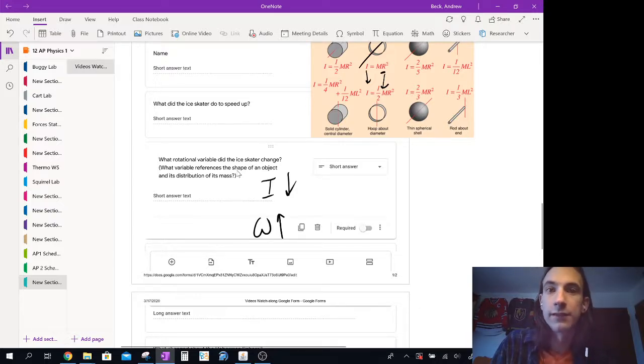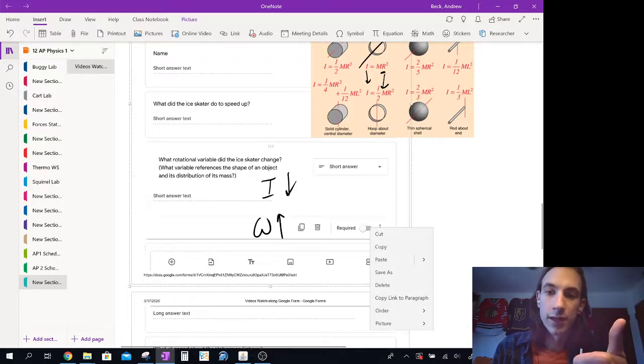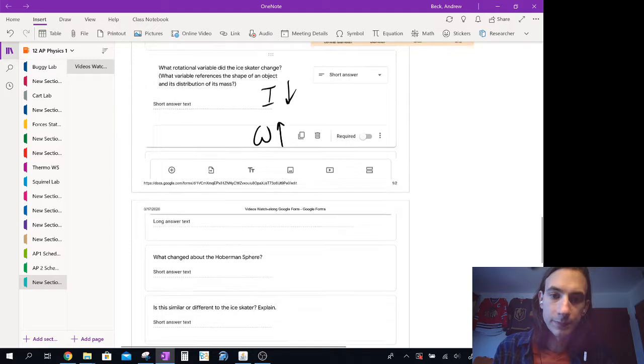So her angular velocity, her rate of spinning, went up. We saw she got up to, what, 308 rotations per minute? So times 2 pi, some amount of radians per second. Her angular speed went up. That shot up. So when I went down, angular speed went up.